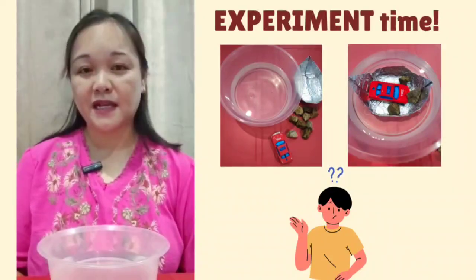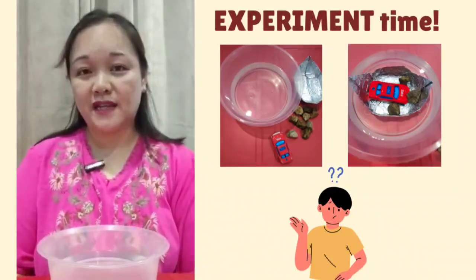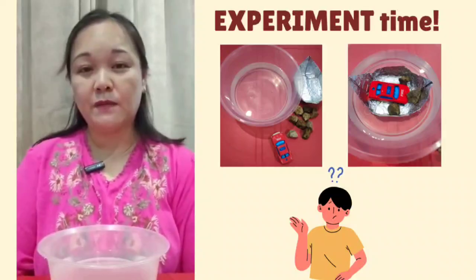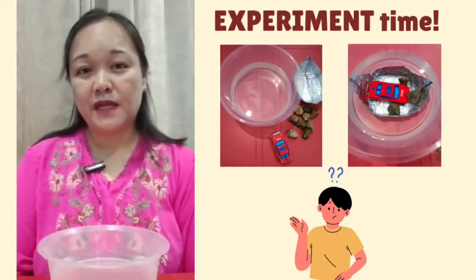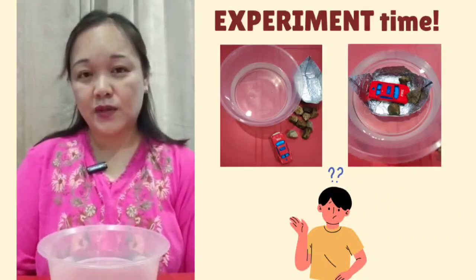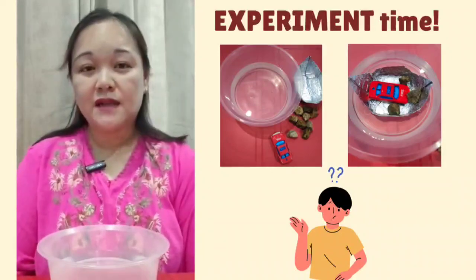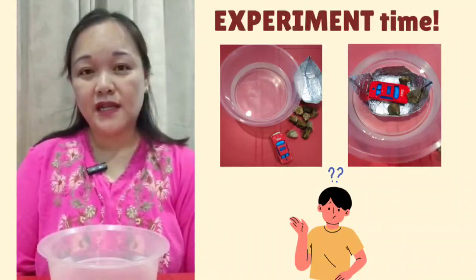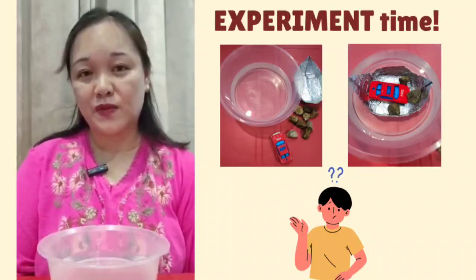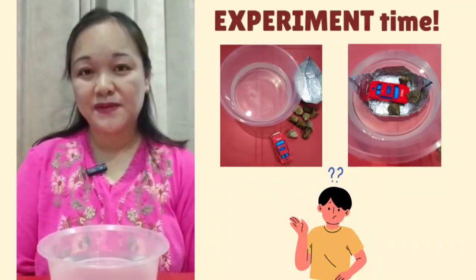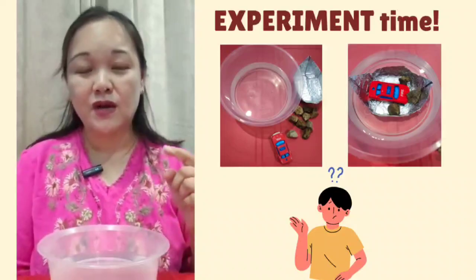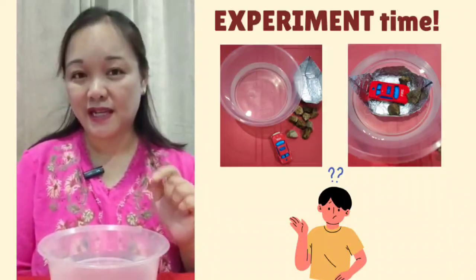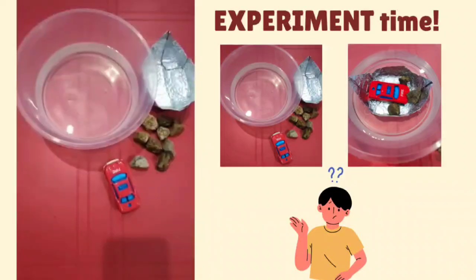using ballast tanks. To demonstrate this concept, I will make a simple experiment using a metal toy car, aluminum foil folded into a board, and some rocks to represent cargo. Now, let us zoom in closer to the materials used in this experiment.